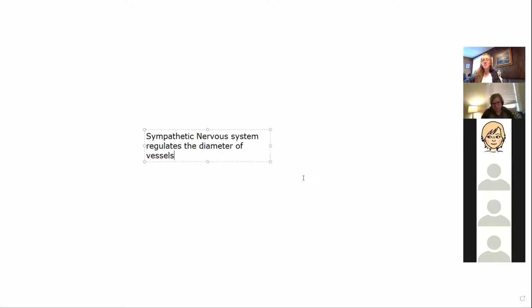When it's increased firing, you get increased vasoconstriction. When you get reduced sympathetic activity, you get more vasodilation. When it's not firing at all, you get maximal dilation. Almost everything else we talk about is dual regulated. This is one of the few places where it's not. Only the sympathetic nervous system is involved.